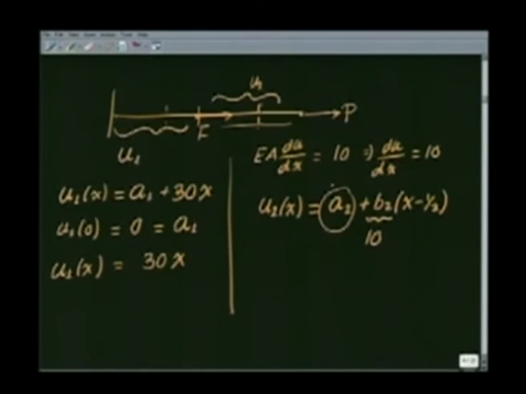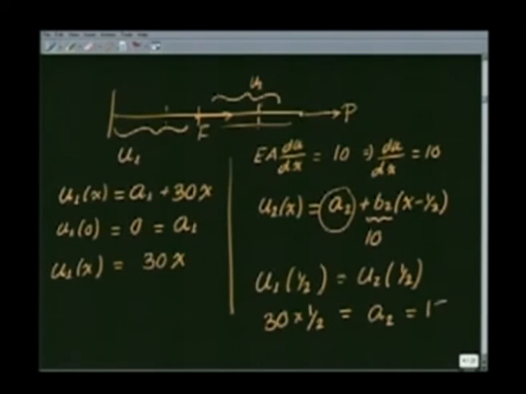How do we obtain a2? By enforcing the continuity of the displacement at the point x equal to half. That is, u1 at half is equal to u2 at half. So this is going to give us 30 into half is equal to directly a2, which is equal to 15. So u2 becomes 15 plus 10 into (x minus half), and u1 becomes 30x.